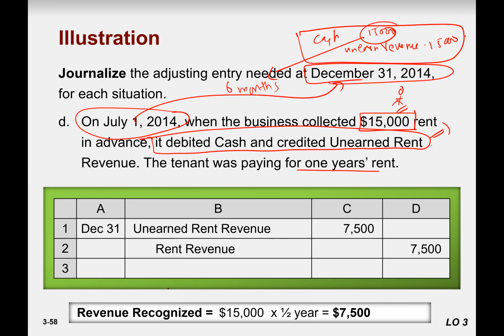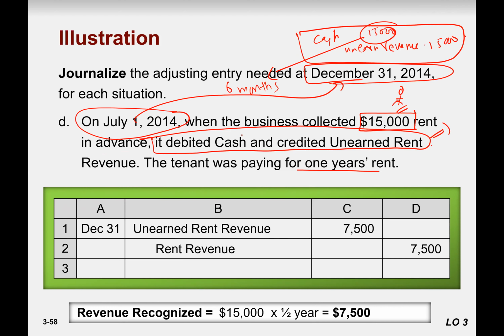So, sir, I have a question. Yes. So on July 1st, 2014, they would have marked the whole cash, I mean. They received the cash, yes, the whole cash. So in the debit, they have written 15,000 cash.